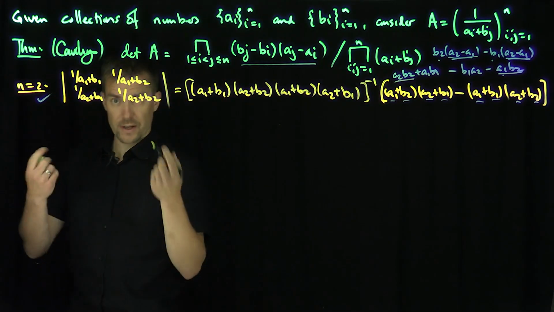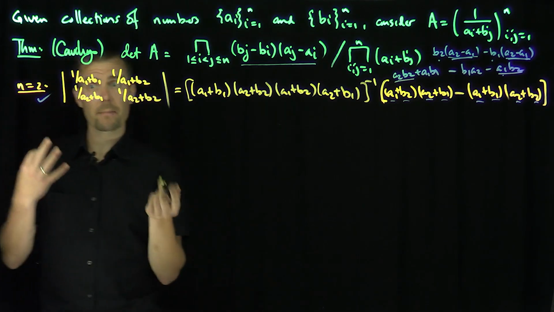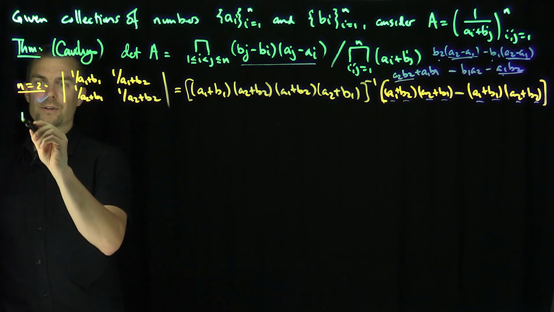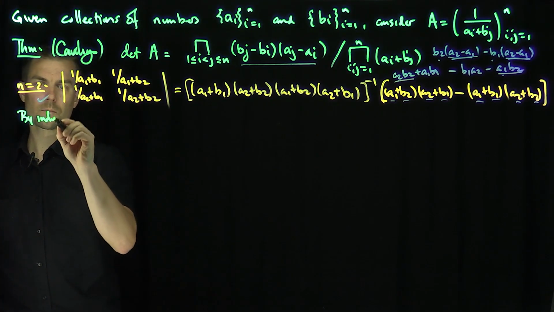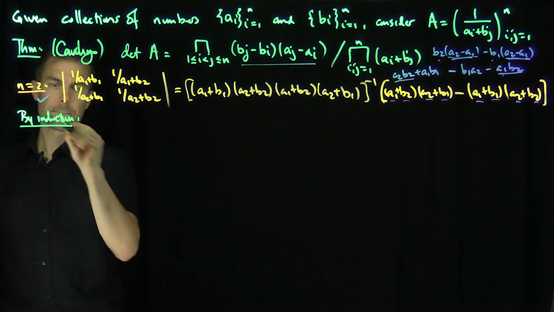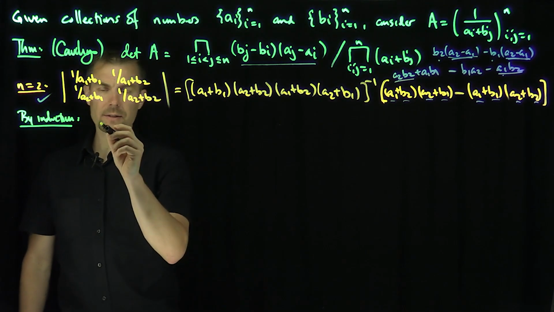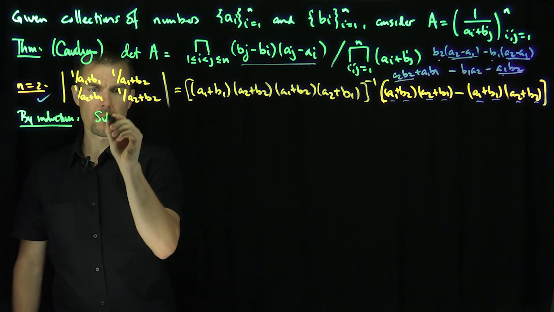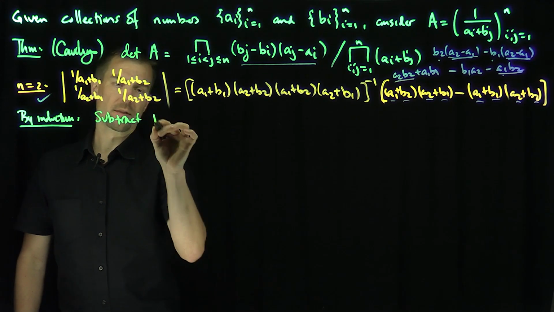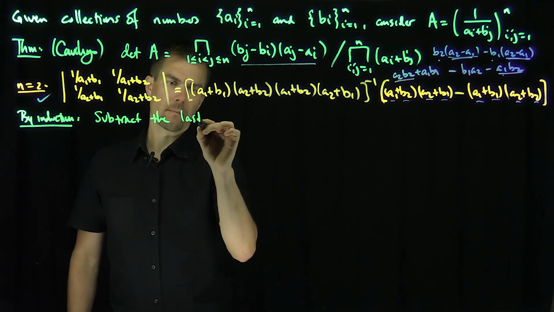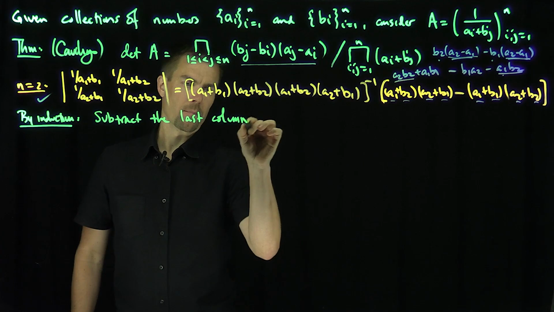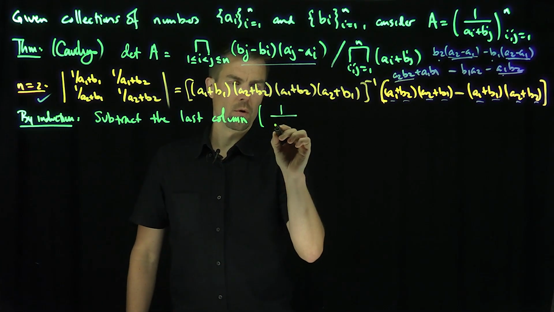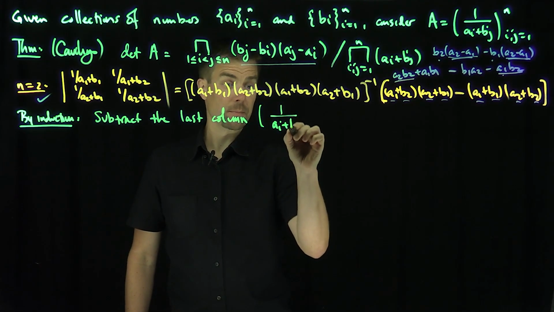And so what we're going to do is consider the n by n case and assume the n minus 1 dimensional case. So now by induction, I'm going to subtract the last column. The last column has the form 1 over a_i plus b_n.